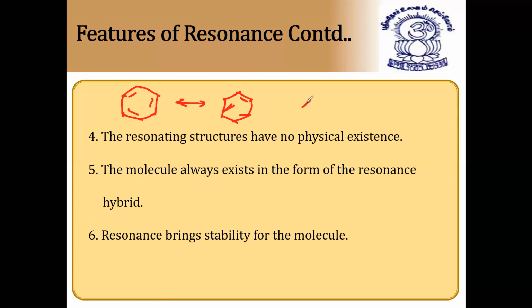If we take toluene, a methyl group on the benzene ring, it has more than two resonating structures. So between benzene and toluene, toluene is more stable because it has three resonating structures, whereas benzene has only two. As the number of resonating structures increases, stability also increases.